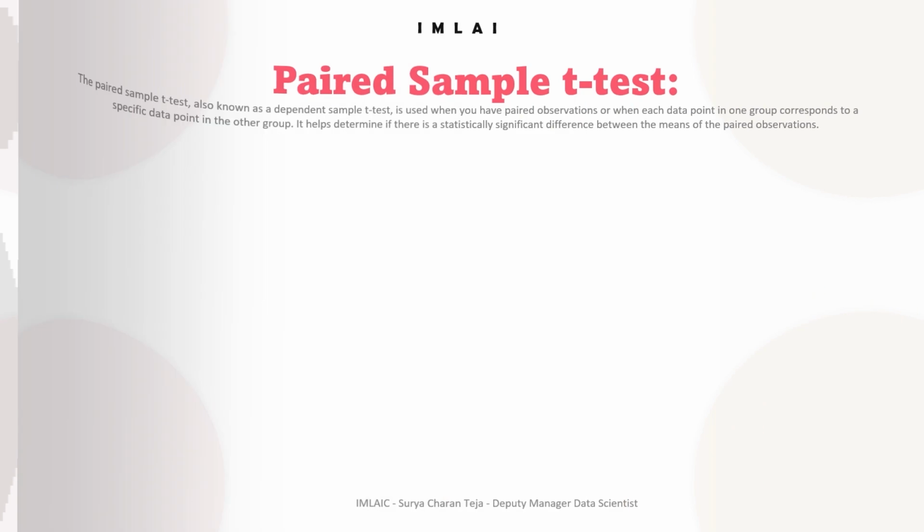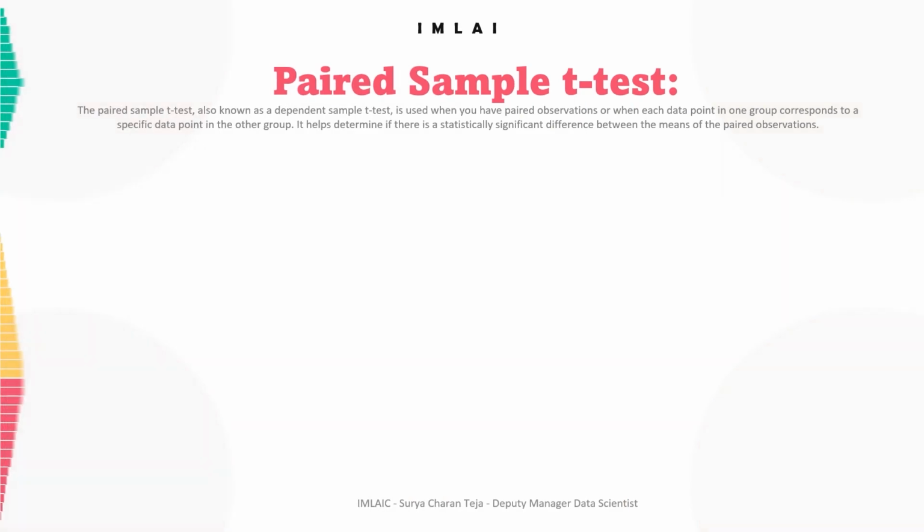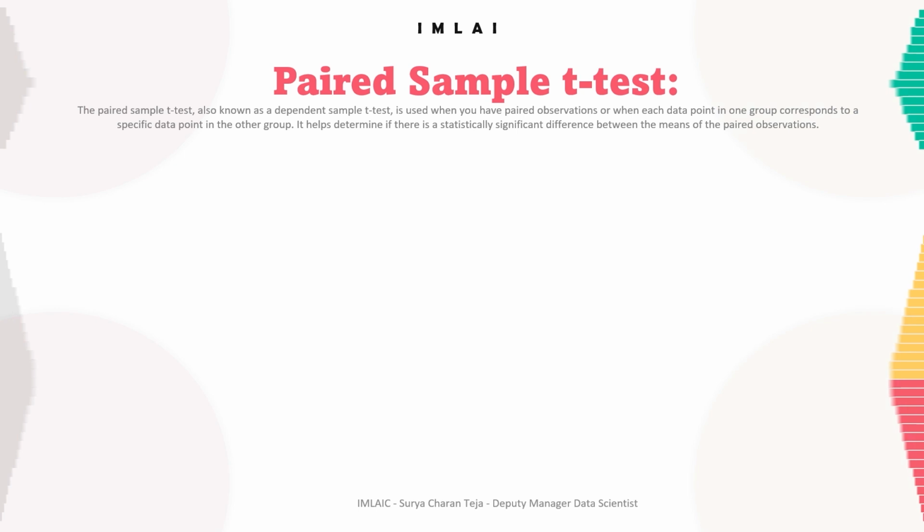Now let's get into the paired sample t-test. The paired sample t-test, also known as a dependent sample t-test, is used when you have paired observations, or when each data point in one group corresponds to a specific data point in the other group.